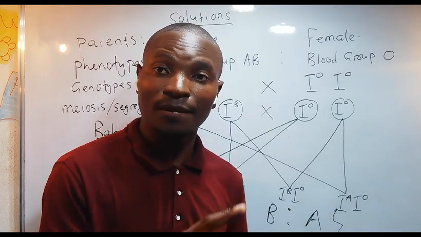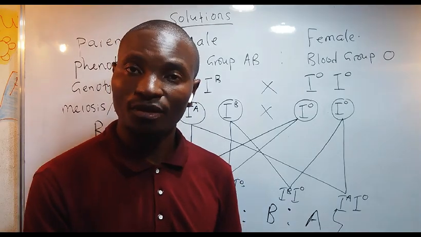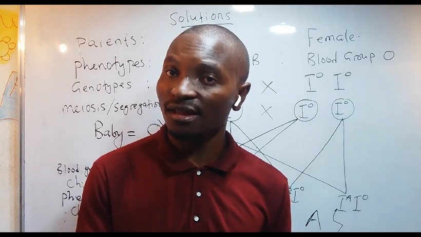So there is no way something is recessive and can come out as blood group O. Okay, so make sure you understand that concept.